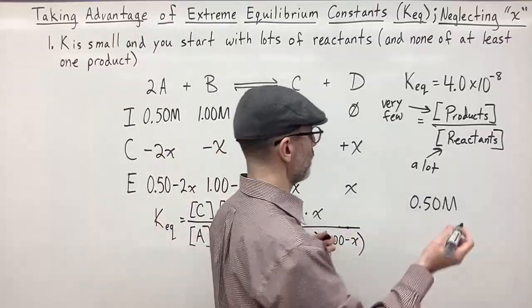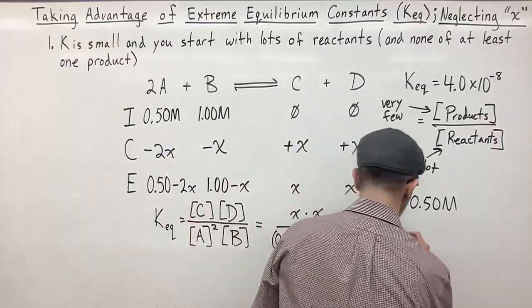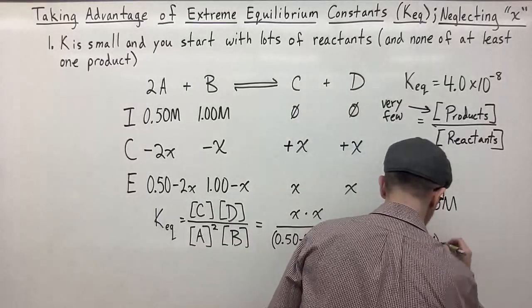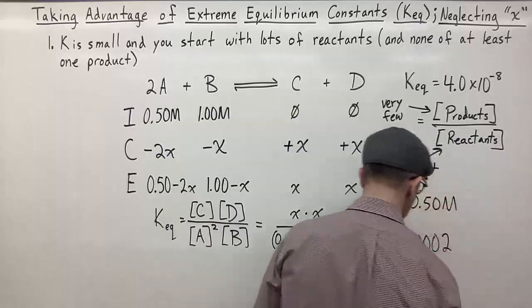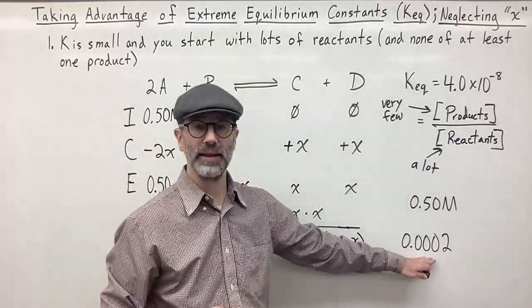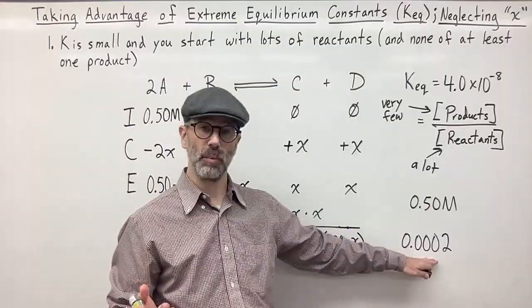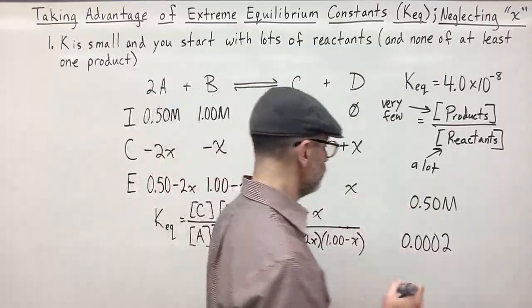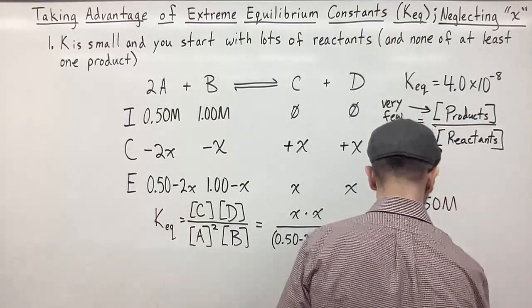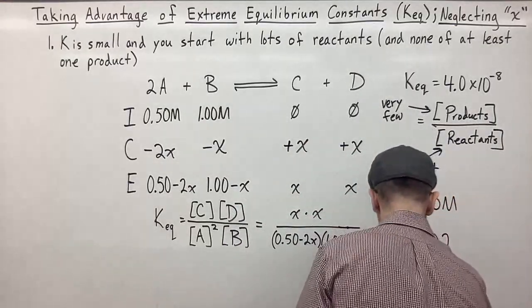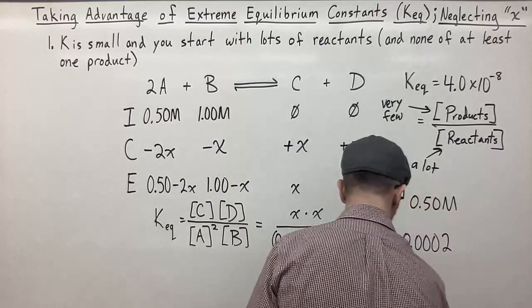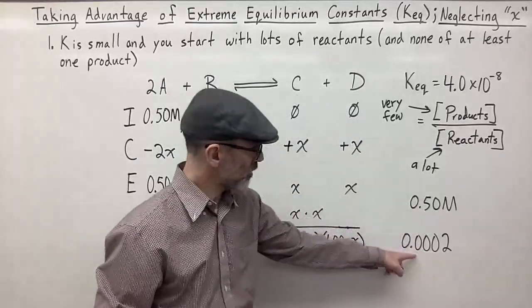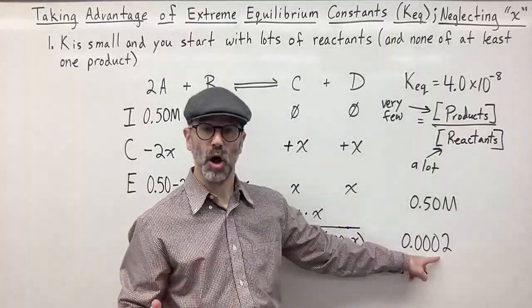So let's compare a couple of other numbers. If I take 0.0002, we would say that that is a small number compared to this one. Or if I compare it to, let's say, 1, this number relative to 1 is a small number.